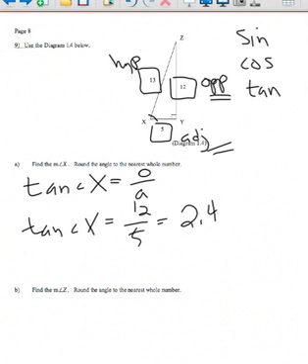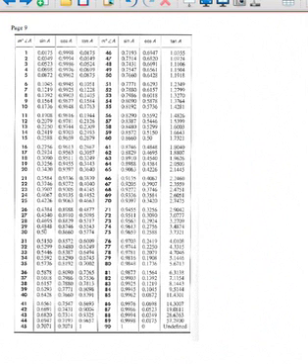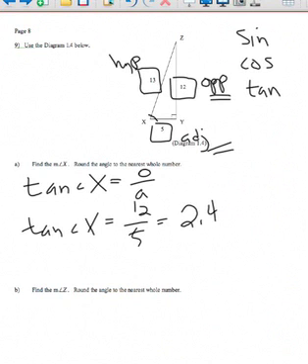So on my chart, I'm going to look for tangent of 2.4. Tangent of 2.4 is actually 67. We have these two values here, but I like 2.4. 67 is closer than 68. So the value of angle x equals 67 degrees.